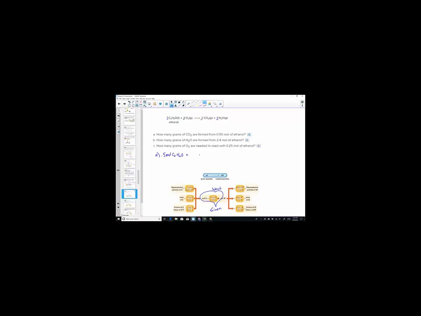We want to know grams of carbon dioxide. I know that it will require 2 conversion factors, so I'm just going to get those ready so I can see my target. I want to get to grams of CO2. Given a mole, we want a gram. These are called mole mass problems.